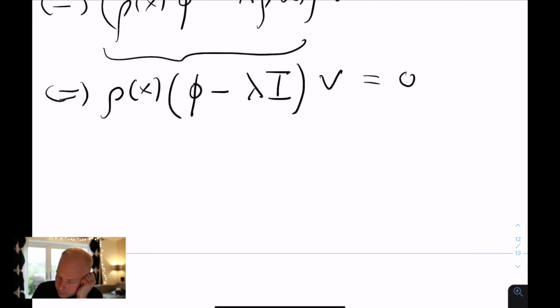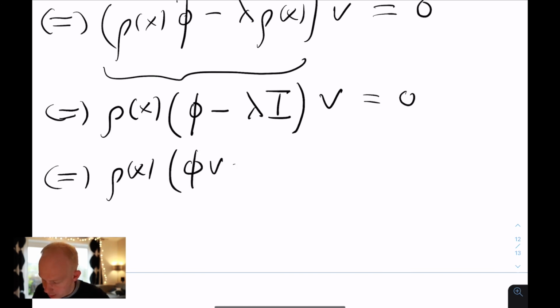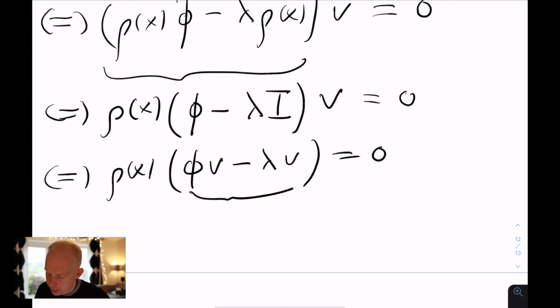But what we know here is, if you look into this definition, you can still open this up if you want to be careful. So this is phi of v minus lambda v. This is 0, because v belongs to E lambda. That was the assumption.